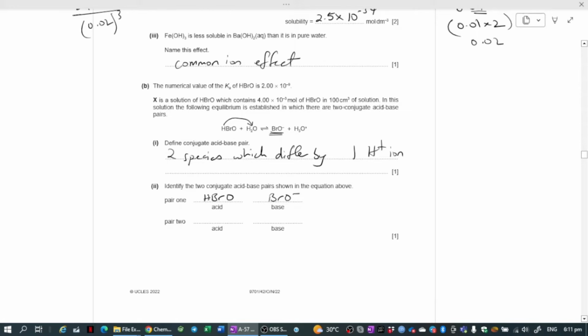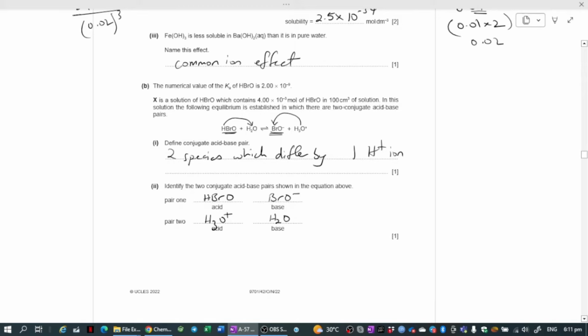If we look at the second pair now, we consider the reaction in reverse. In reverse, we should see that H3O+ acts as the proton donor. It donates a proton to the BrO minus to form back HBrO. So H3O+ is our acid, and in this case, water becomes our base pair.